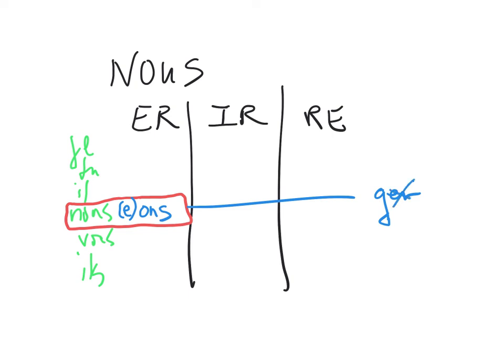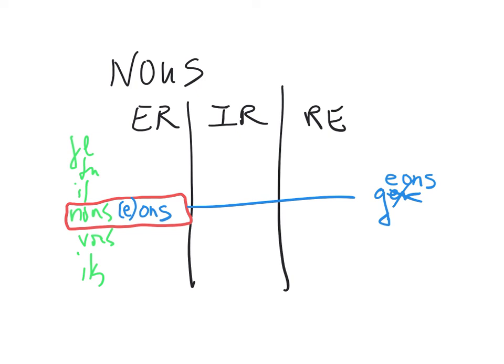Once we drop that ER, we got to keep a little E in there before we put the -ons. And we only do this in the nous form, and it's just a sound. It's just to make it sound right. Okay? So that's an exception to the rule.